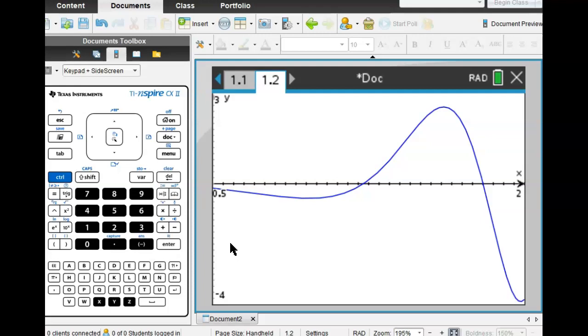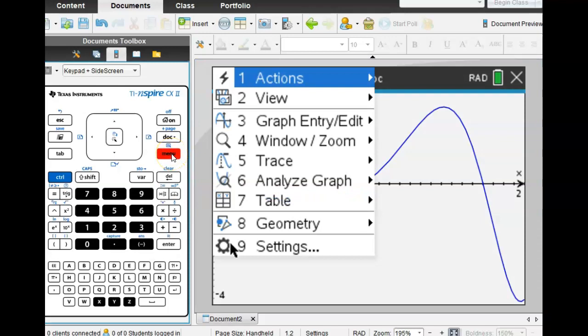Where can I find anything I want to do here? What button should I hit first? If I want to calculate something on this graph, where's it going to be on my list? Menu. There you go. And then, so what are we trying to do here?